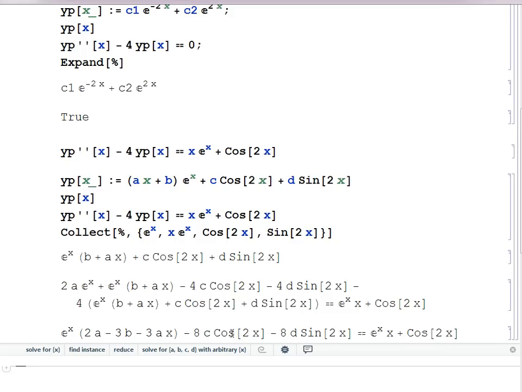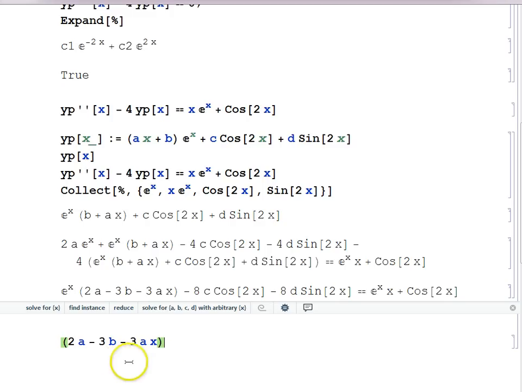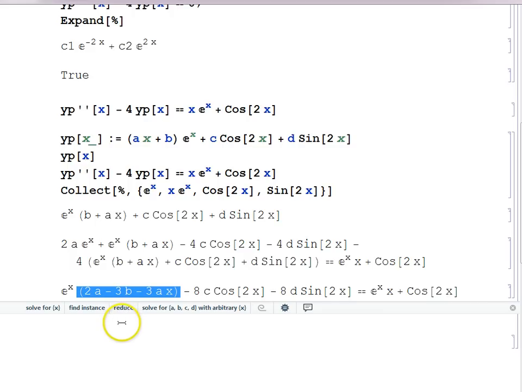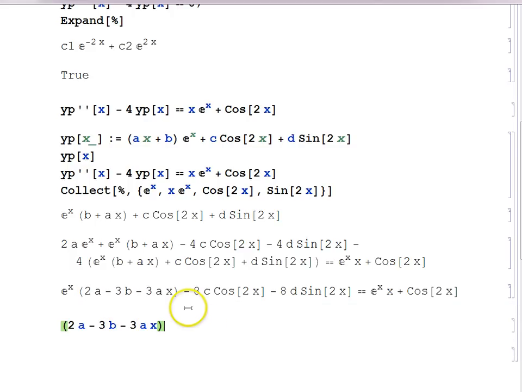So one of the things I see is that I need this to be equal to what? Well, actually, I take that back. It's just not that clear at all. Oh, no, it is. Yes, it is. I need this to be equal to x.